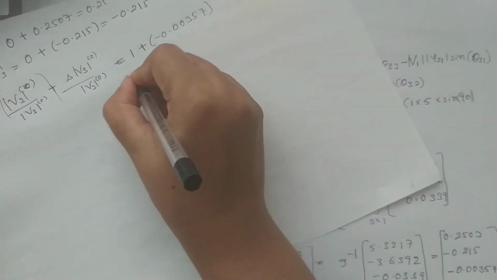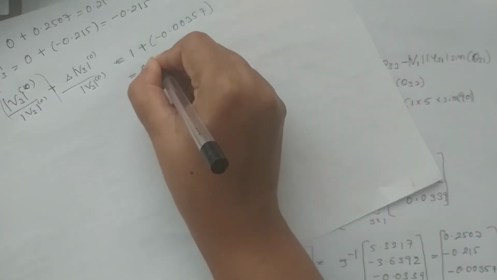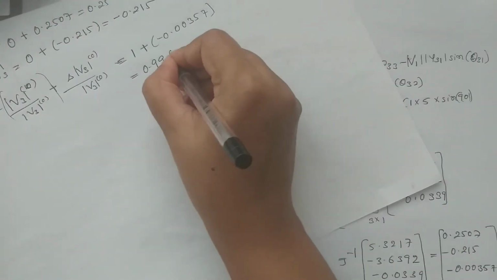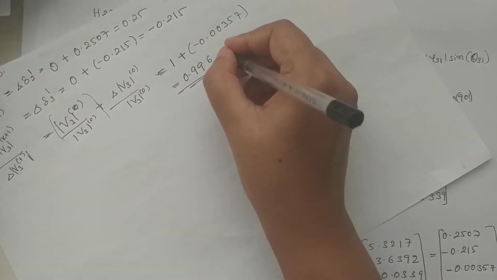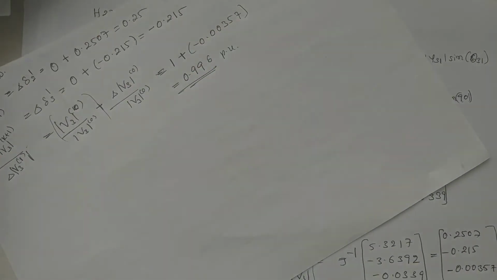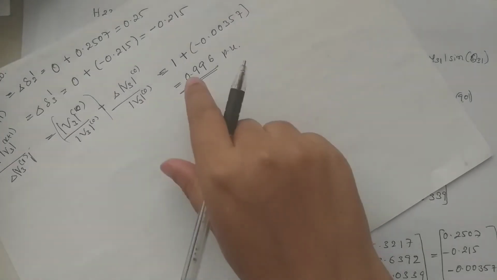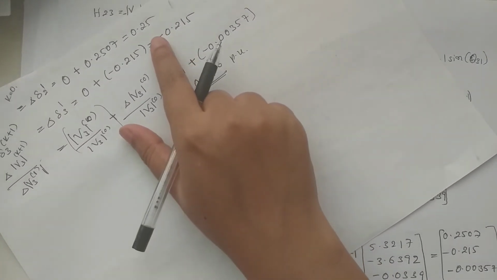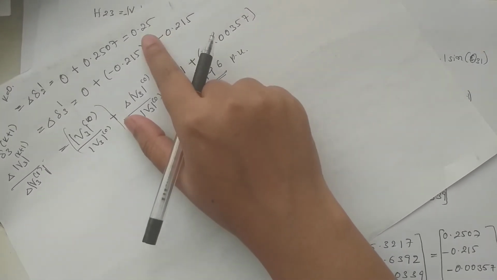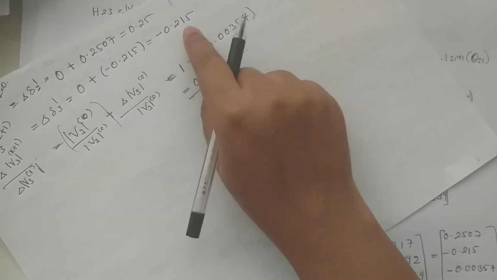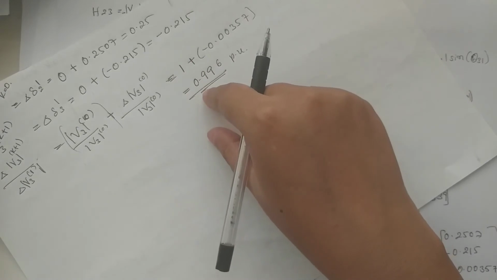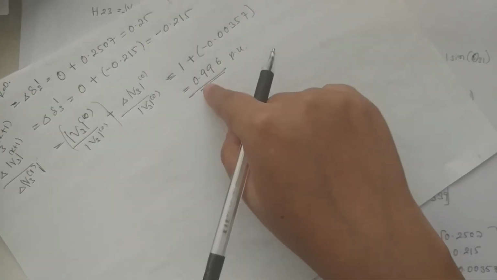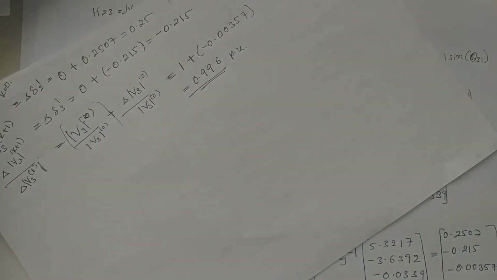Simplifying, we get 0.996 per unit. At the end of the first iteration, we obtain delta 2, which is equal to 0.25, delta 3, which is minus 0.215, and delta V3, which is in per unit, 0.996.